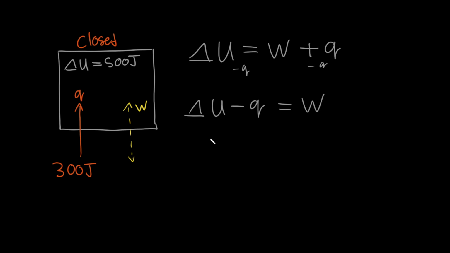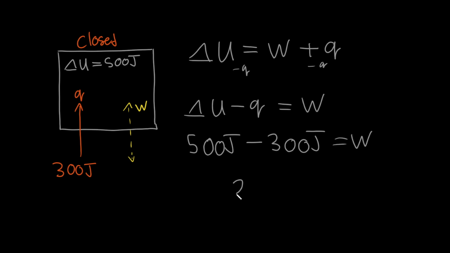So we have 500 joules of internal energy change, minus 300 joules of heat being transferred into the system, which is equal to work. So work is equal to 200 joules.